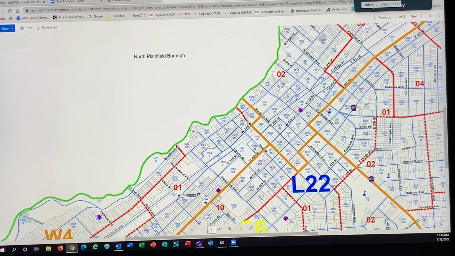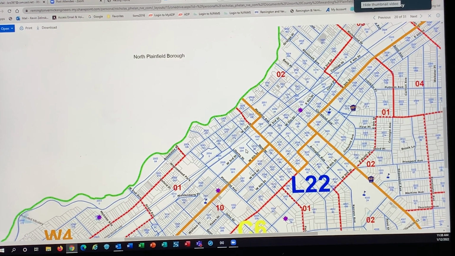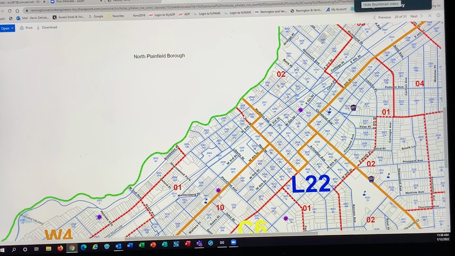So what we're looking to do is take Ward 1, District 2, which is census block 1,000 and 1,001, which is right here, which represents 429 people, and move it into Ward 4.